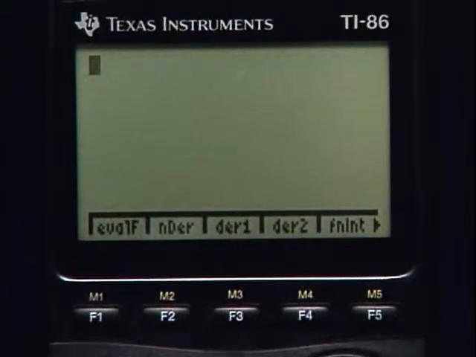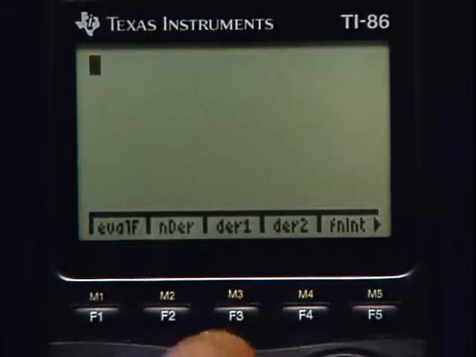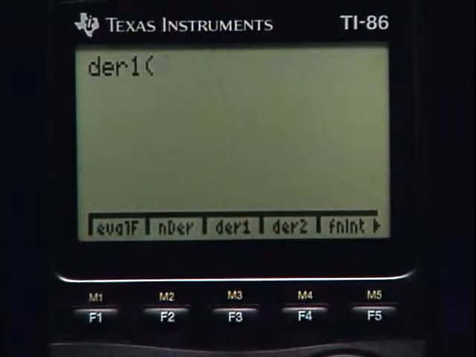I am accustomed to using DER1, so I'll just press the F3 button. And now once again, it's the idea of entering the expression, and we could use y1 again if we wanted to, then a comma, and the variable is x, and the value, let's make the value here 1 for this one.